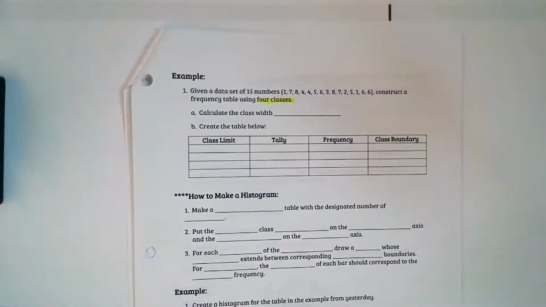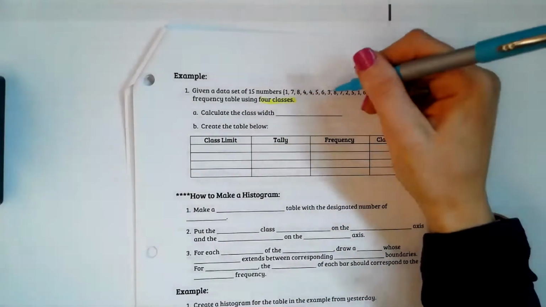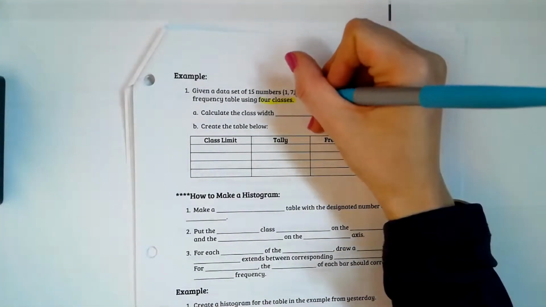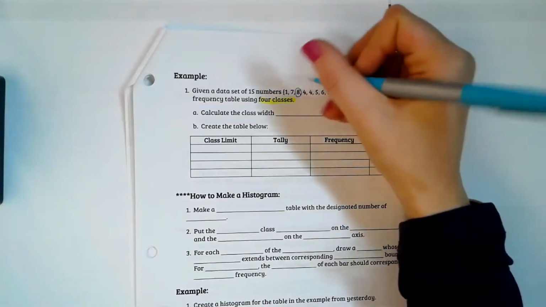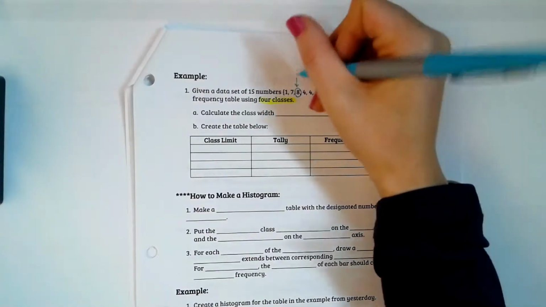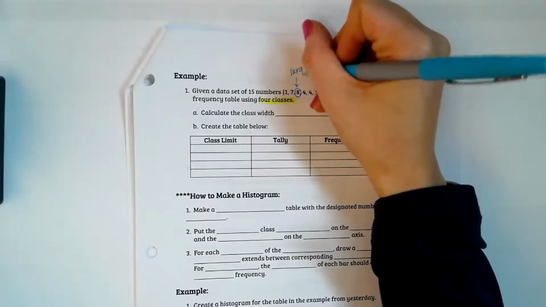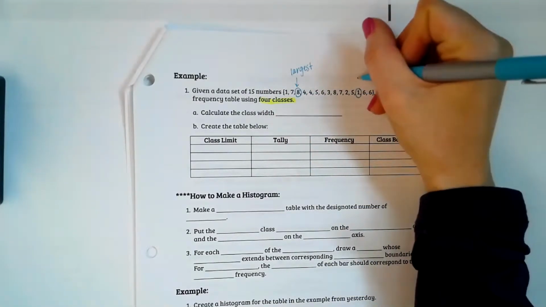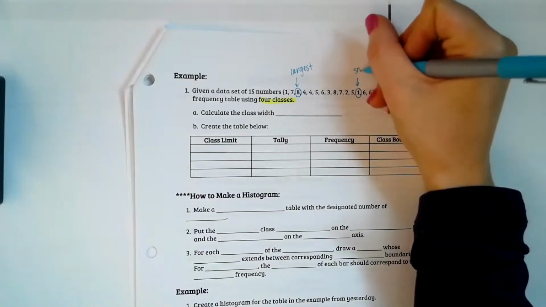Looking at all this data here, 8 is the largest, and it doesn't matter which 8. And then 1 is the smallest.